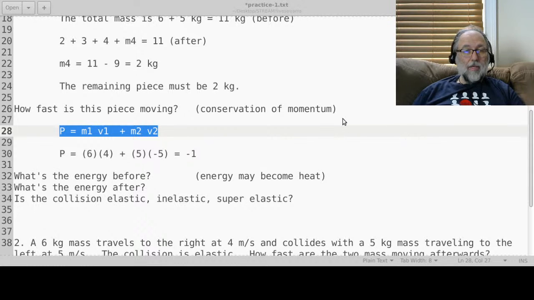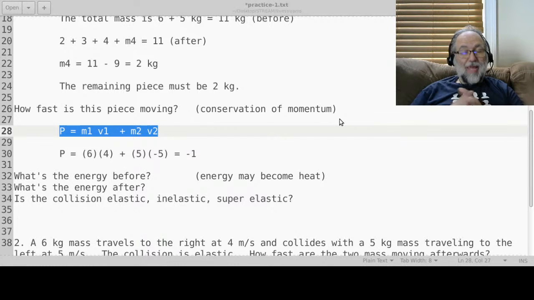Total momentum is going to be, well, momentum of any one piece, no matter how many pieces there are, is m times v, the mass times the velocity. If you've got 2 pieces, it's going to be m1 times v1 plus m2 times v2. If you have 4 pieces, then you do the same thing for piece 3, piece 4, and so on. So you just add mv, mv, mv, mv for all of the pieces, and that gives you the total momentum.